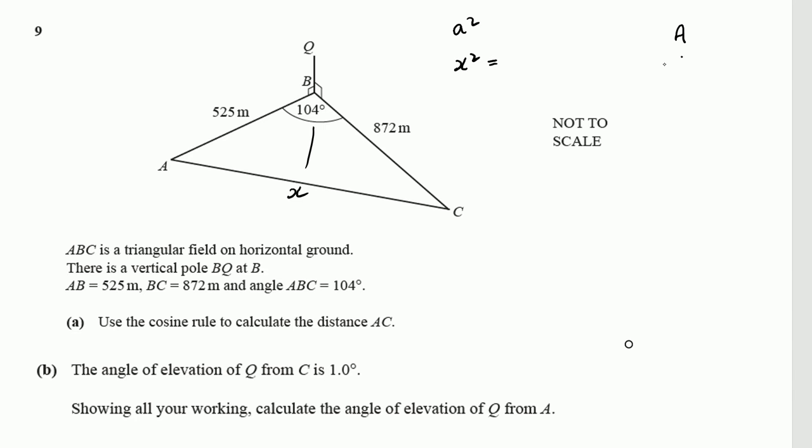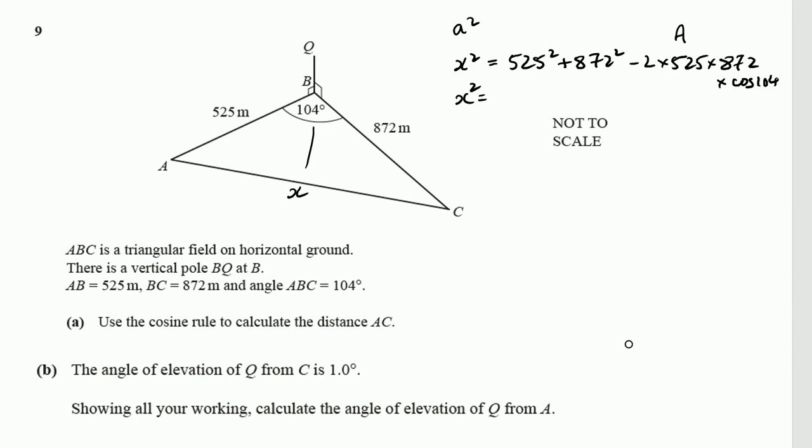Substituting into the rest of the rule, I've got 525 squared plus 872 squared minus 2 times 525 times 872 times cos of 104. Plugging that all into my calculator is going to give me x squared. Don't forget about the square root at the end though.